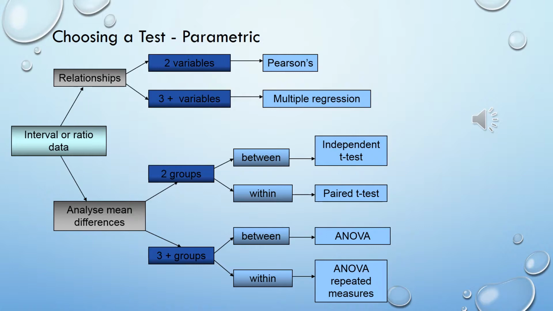This paradigm, parametric, makes an assumption that the data is drawn from a normally distributed population. That may not always be the case, however, and we'll run through how we go through testing if that is the case, but that is one of the things around parametric testing. There is an assumption that the data is normally distributed.